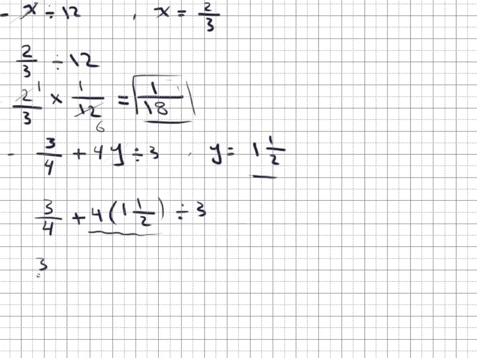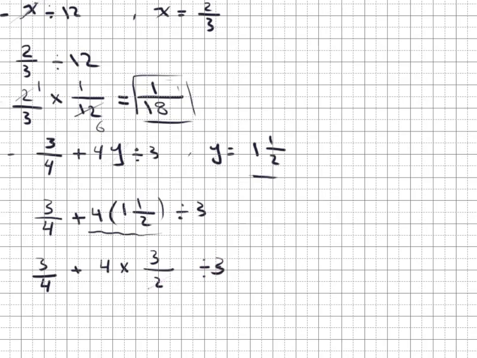3 over 4 plus 4 multiply, and if we multiply a mixed number, we can change the mixed number to become an improper fraction. It will become 1 multiply 2, the answer is 2, plus 1 is 3 over 2. Then we will complete here, divide by 3.